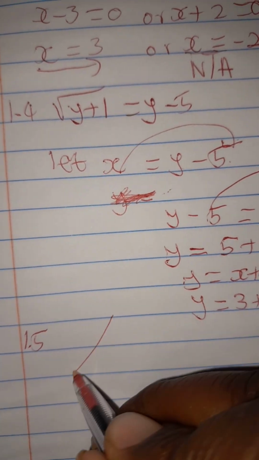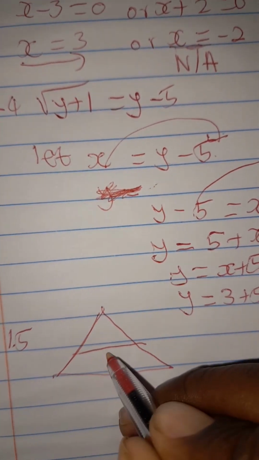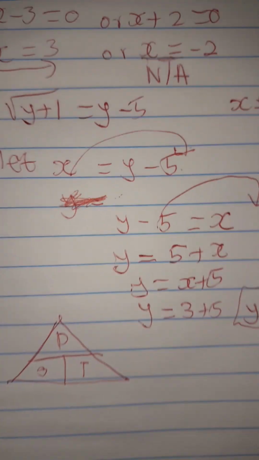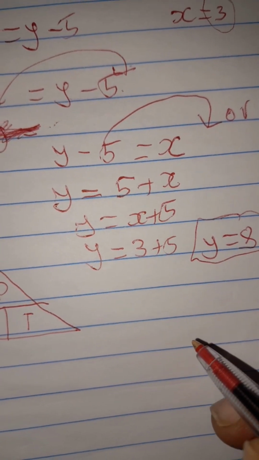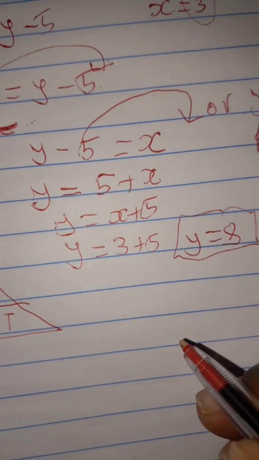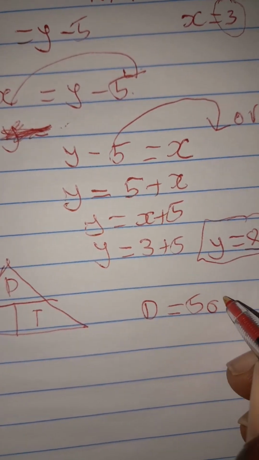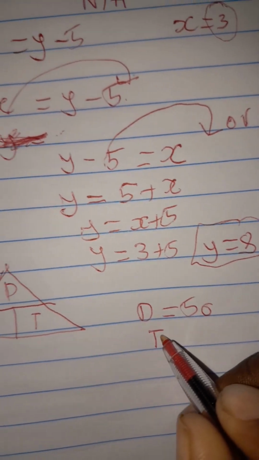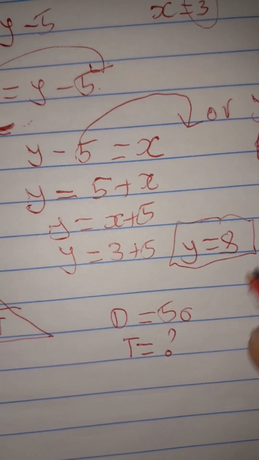So you could draw this diagram, the DST triangle. They want us to express the time it takes for the 50 kilometers. Distance is given as 50 kilometers. The time we don't know, because that's what we need to express in terms of x.